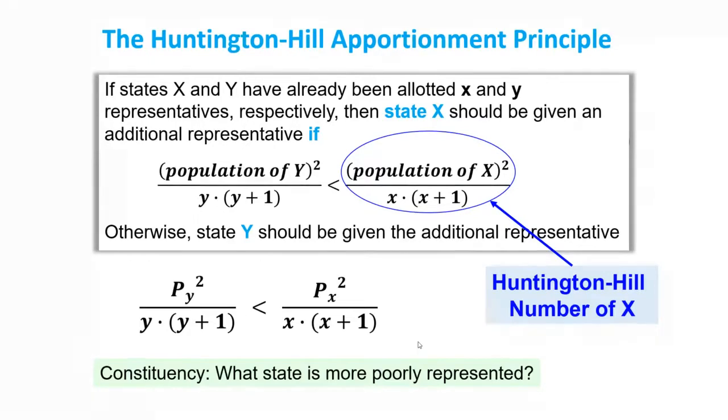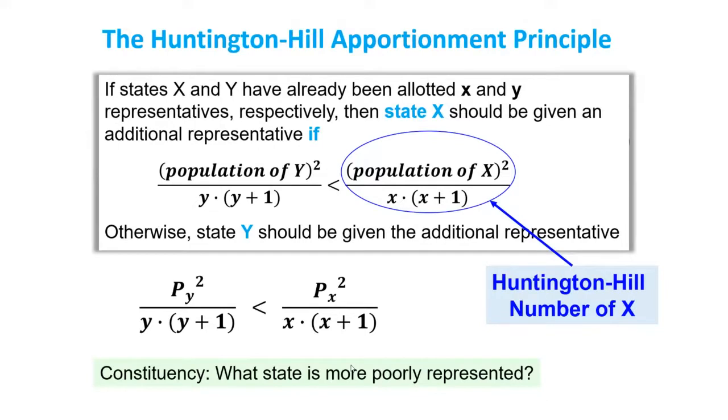Even the Congress could not decide which method to use to assign representatives. And only shortly before World War II, the Huntington-Hill method was finally used to assign the US Congress.